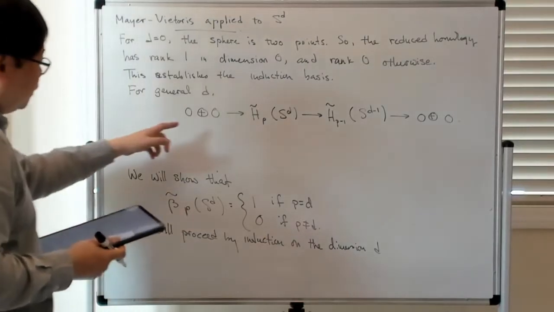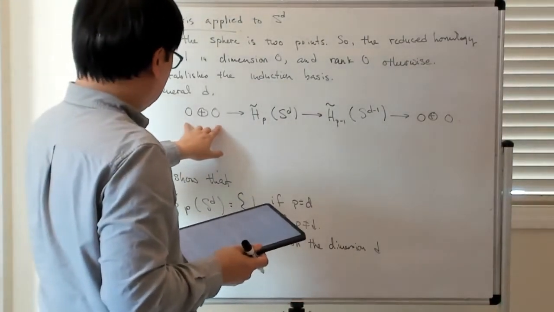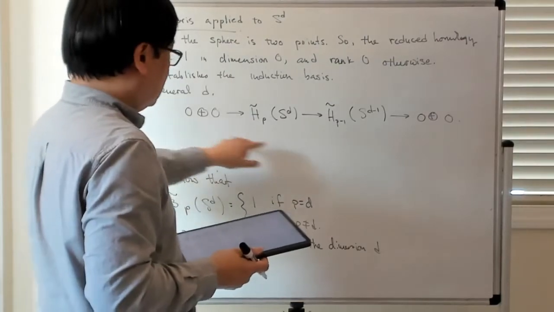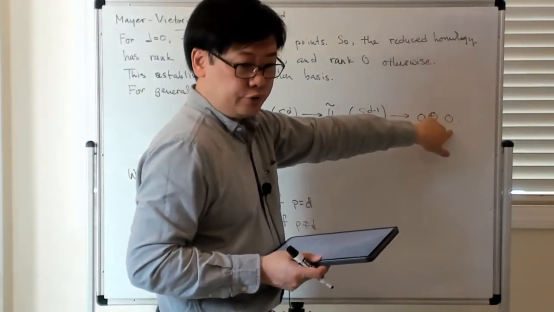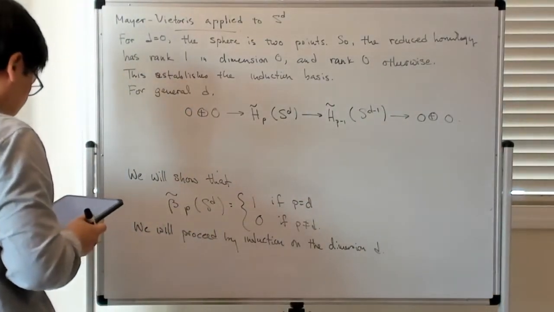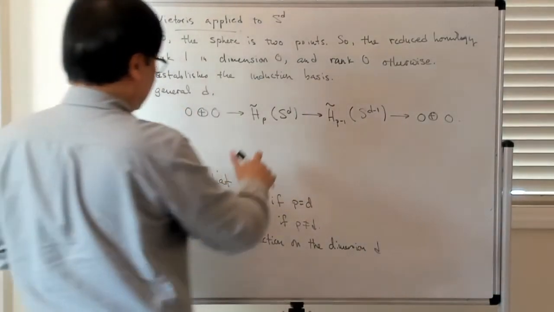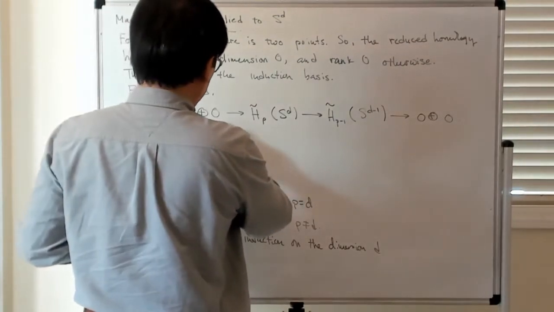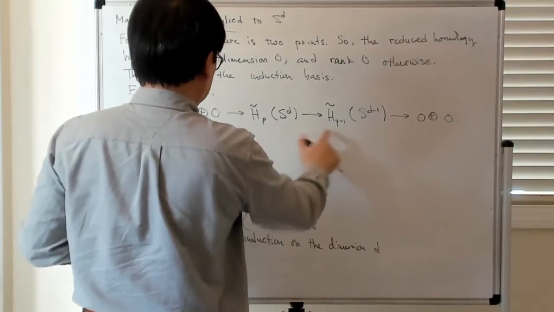And you get something much simpler because some of the homology groups in the sequence are trivial. So these two things are isomorphic to each other.